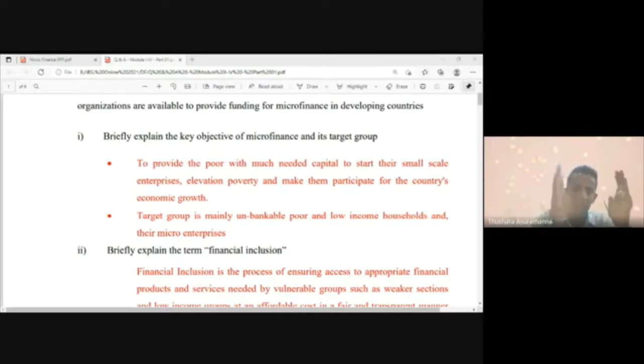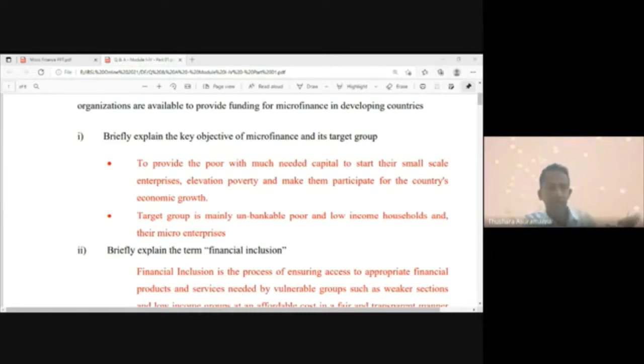You need to plan it and write it. Generally, I advise answer planning. So answer planning is what you need to do. You read the question, what exactly he described. Then read the requirements. Here, maybe microfinancing, objectives, target group, financial inclusion, like that.